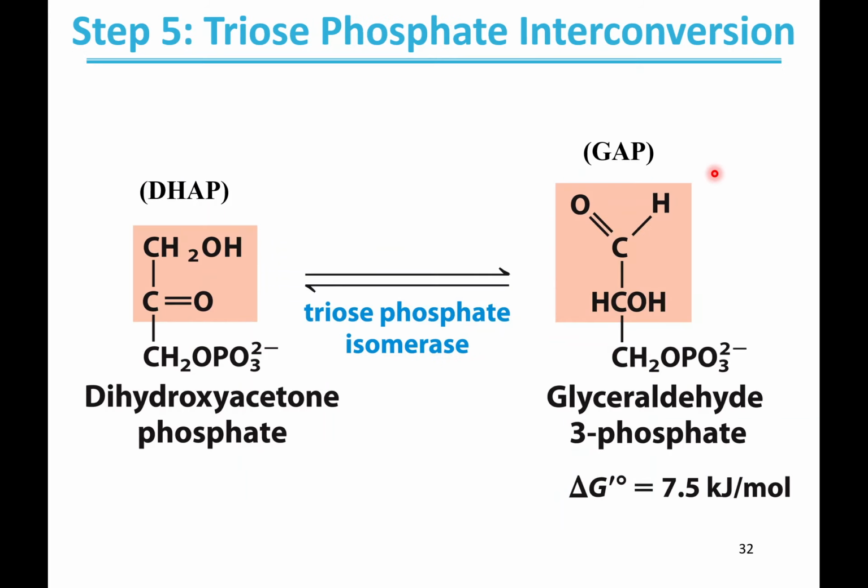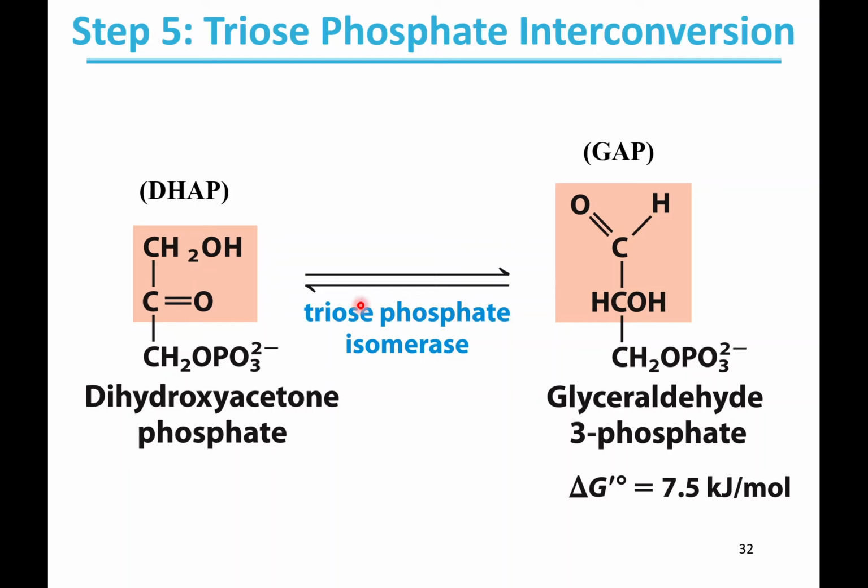Okay, step 5, we'll just call this in our class, step 5 is the last step of the preparatory phase. What you do in step 5 is you convert your one molecule of DHAP into another molecule of GAP.